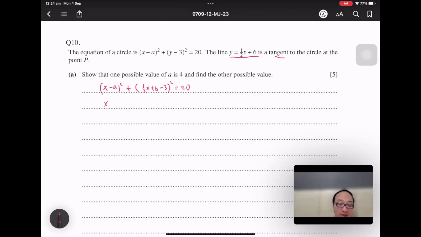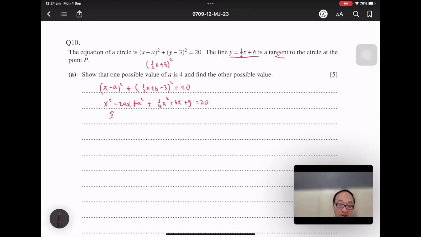And then x squared minus 2ax plus a squared, plus, or we can simplify this, plus 3 squared. So 1 over 4 x squared plus 3x plus 9 equals 20.